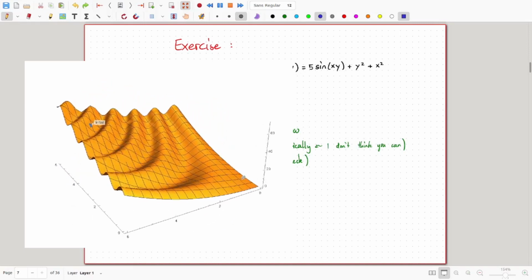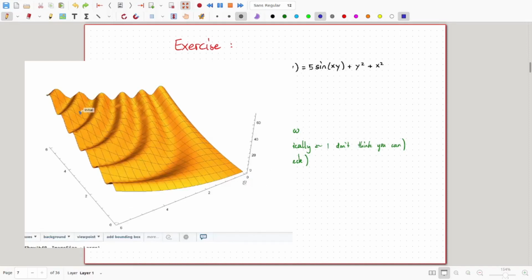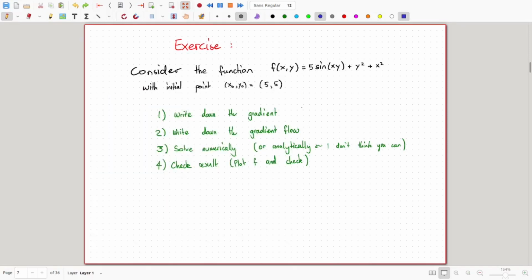So what you could do is write down the gradient, then write down the gradient flow, and then solve it numerically. You're probably not going to be able to solve this one analytically. And then check your result. You can check that just by eyeballing it, making sure it looks legitimate, sits in the correct basin.